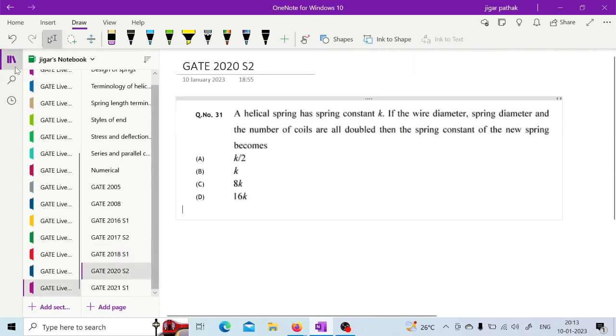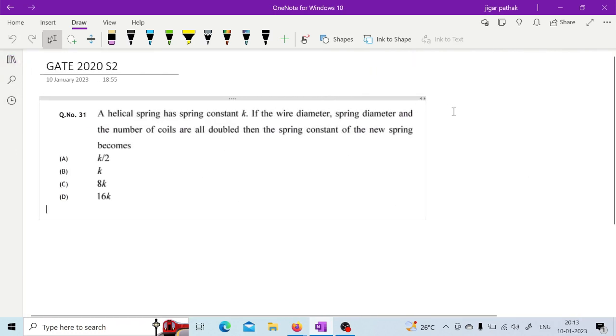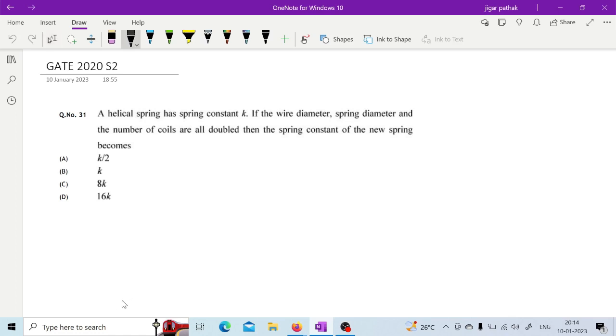So if you go for the next one: a helical spring has a spring constant K. If the wire diameter, spring diameter and the number of coils are all doubled, then what does the spring constant of the new spring become? You can calculate this, I guess. This spring constant is nothing but GD raised to 4 upon 8D cube.